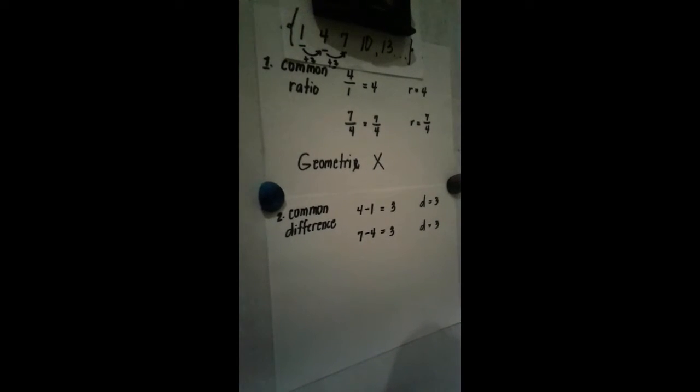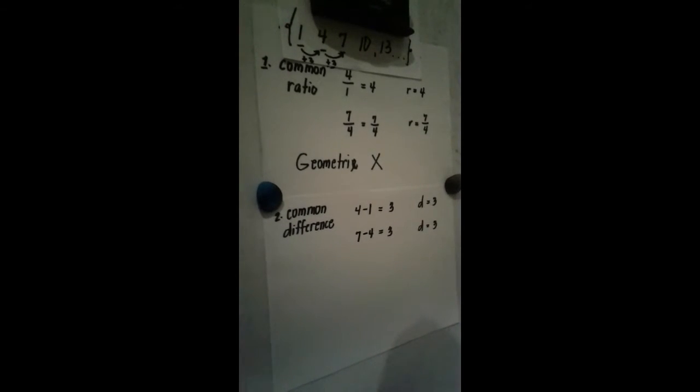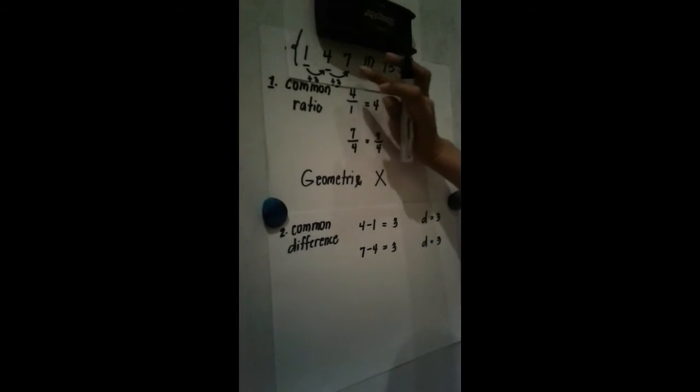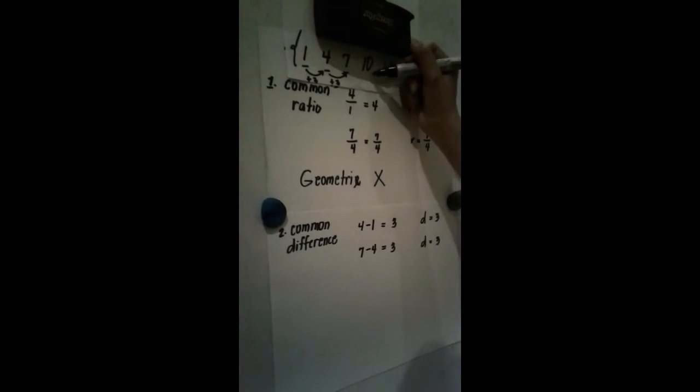If this pattern continues through the entire sequence, that means we have a common difference, and the sequence is arithmetic. That means in our next step, we need to check if the rest of the terms in the sequence follow the same pattern. Well, here we have 7, and we need to get from 7 to 10.